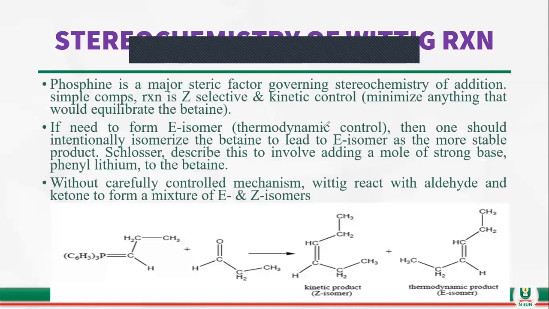You're able to control it to your taste by selectively adjusting your precursor to get to where you are going. So we have said that if you need to form the E isomer, which is thermodynamically controlled, then one should intentionally isomerize the betaine to lead to the E isomer as the most stable product.